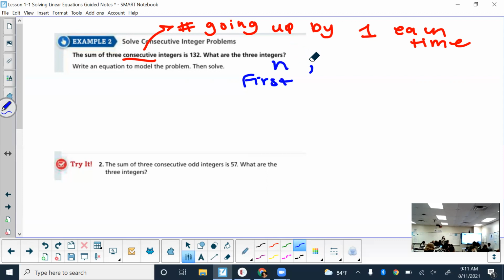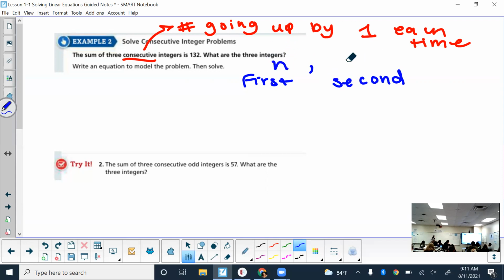If it goes up by 1, I'll go down by 1. If it goes up by 1, my second number would be, well, we don't know what the first number is. So the first number is n, that's our unknown.